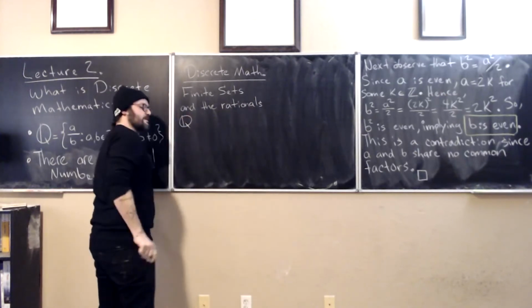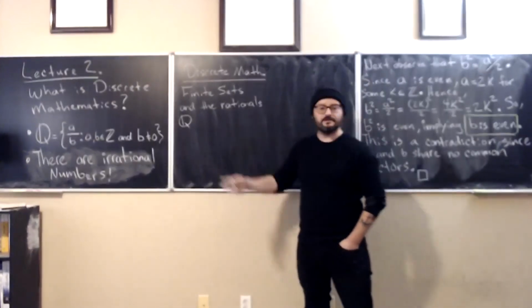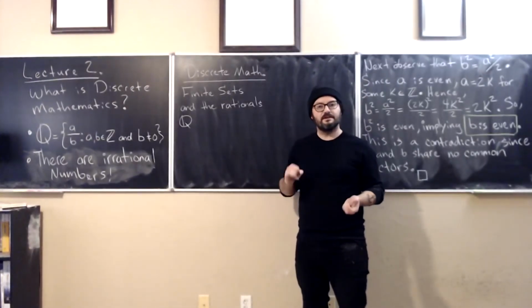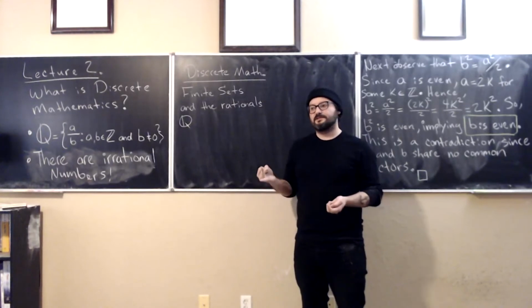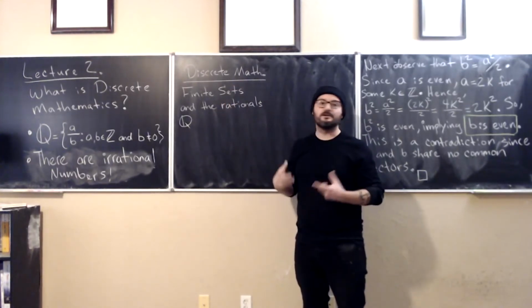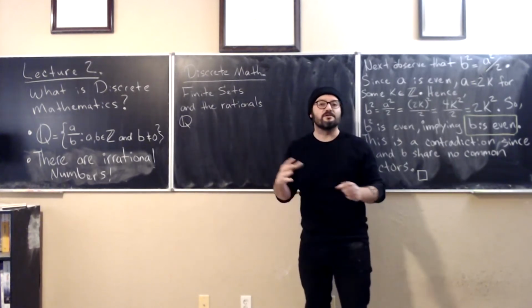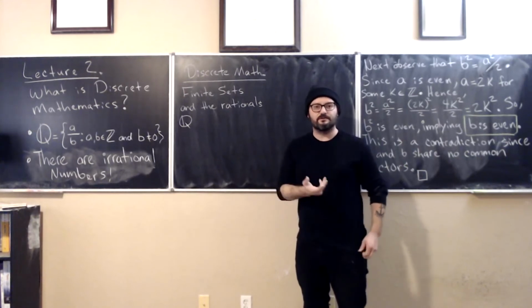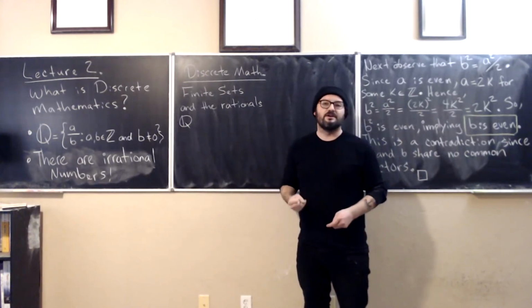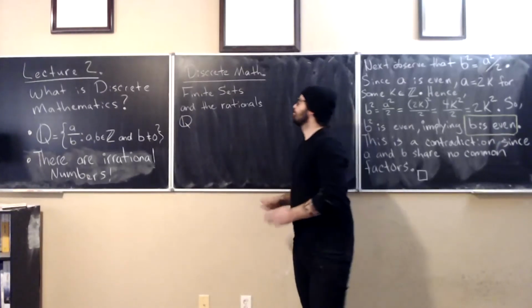So that's set Q. That is the study of discrete mathematics. It's a study of operations and properties on finite sets, unordered collections of objects, and the rationals or any subset of the rational numbers, like the natural numbers, or in particular, the integers.